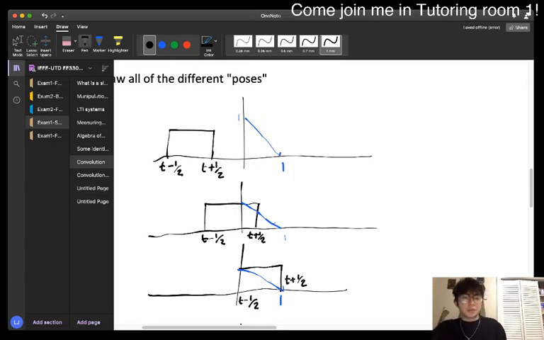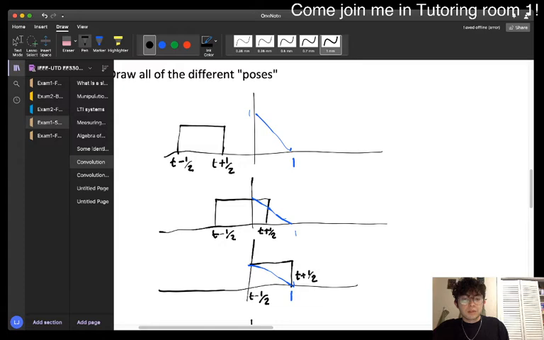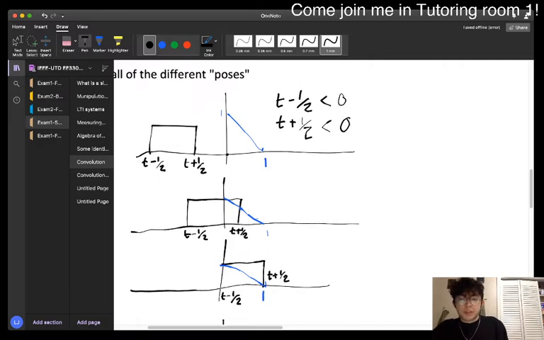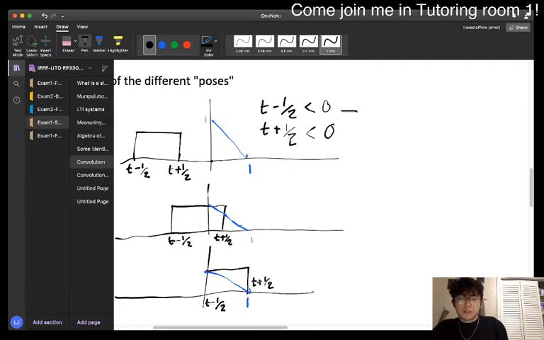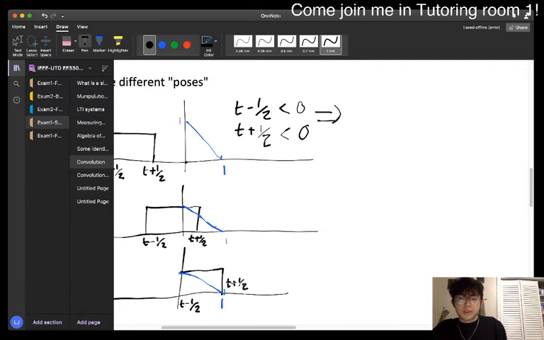So we get this one. Notice that both of these endpoints are to the left of the y-axis, this 0. So both t minus 1/2 and t plus 1/2 are less than 0. Both of these inequalities give us t is less than 1/2, and t is less than negative 1/2.